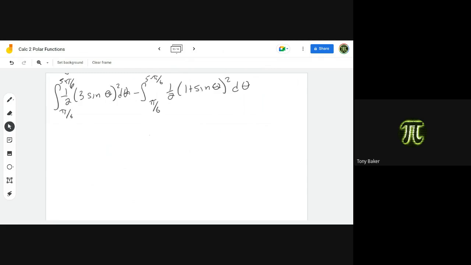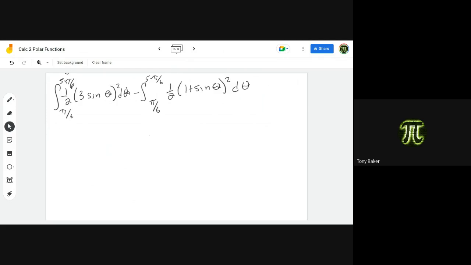All right, so what do we do? What do you want to do? We have to square it. So, well, let's get rid of the squares and see what we got, right?